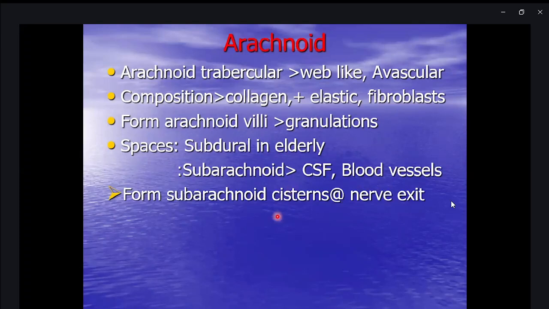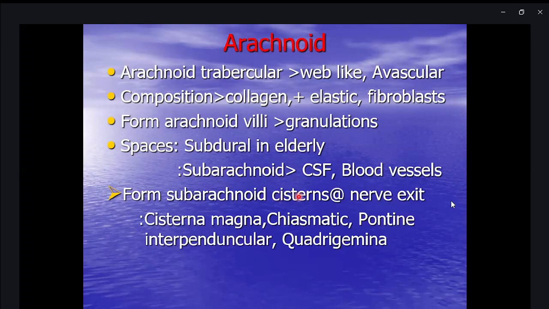The CSF within the subarachnoid space, in some areas, especially where the cranial nerves exist and where the brain is very close to the bones, forms some large CSF pool areas. Those we refer to as cisterns, specifically for protection. The largest cistern is the cisterna magna, at the exit of the spinal cord, close to the medulla oblongata.